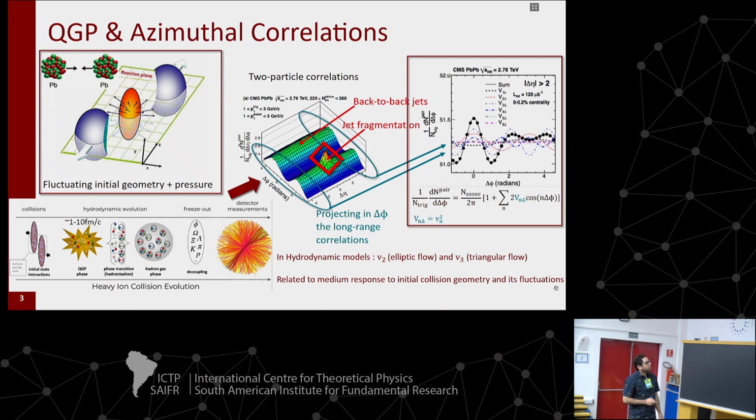This can be described by hydrodynamics. Here is a plot of this correlation as a function of delta phi and delta eta. Basically, the correlation related to flow is what we call the ridge here.